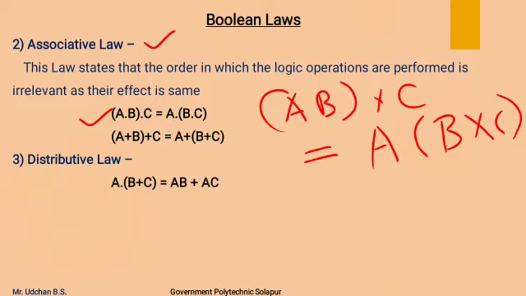So here AB is multiplied first and here BC is multiplied first. Even though the order is different, their values remain the same.